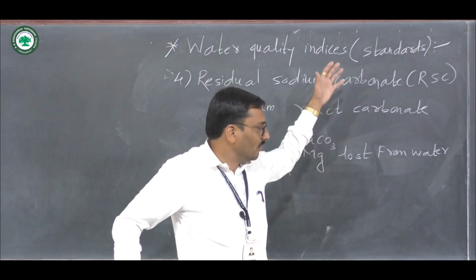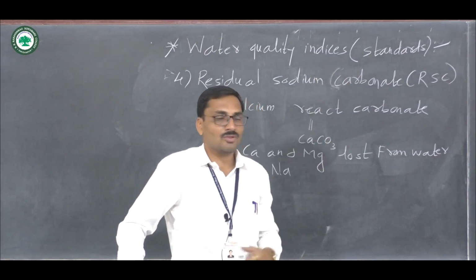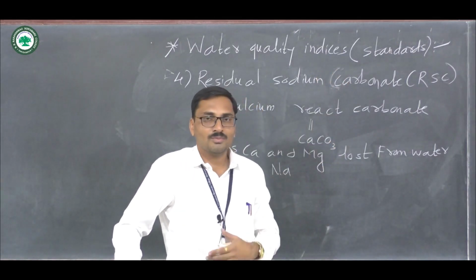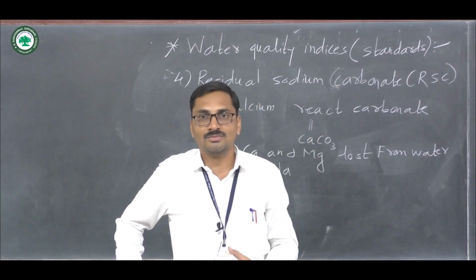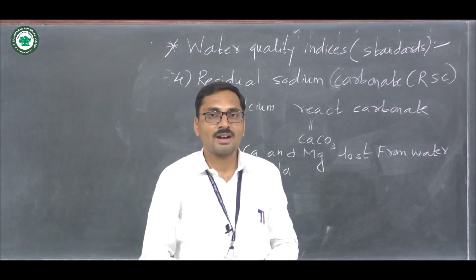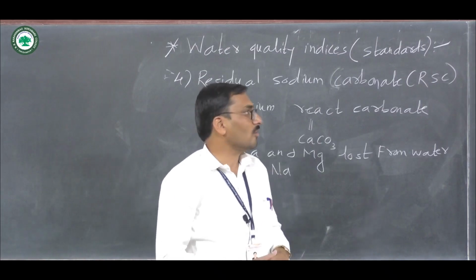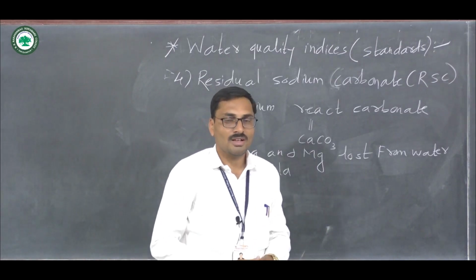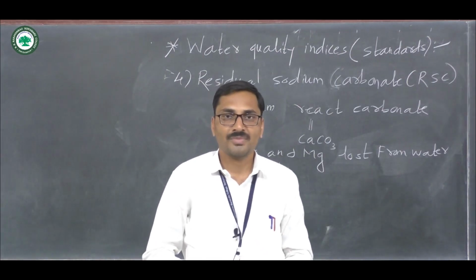So that value should be optimum. With this, the chapter on quality of irrigation water is completed. In the next lecture we will start the next part of this course. Here I will stop. Thank you.